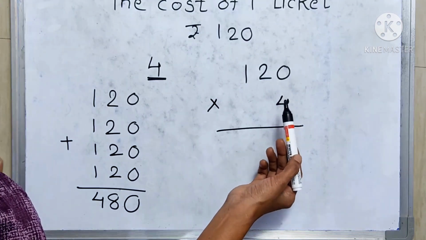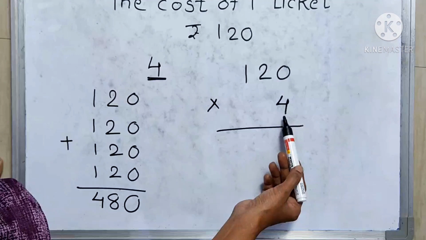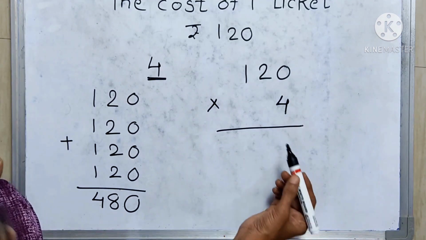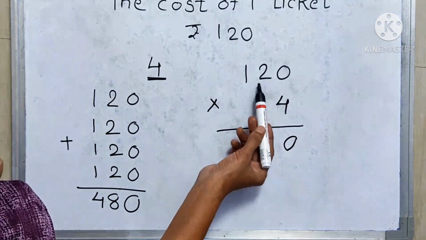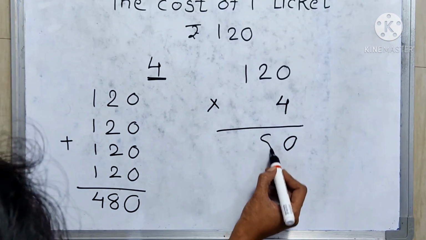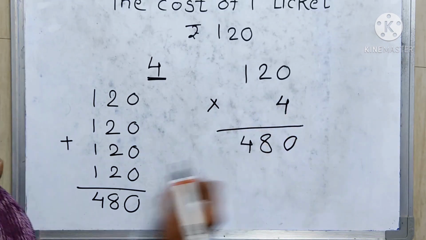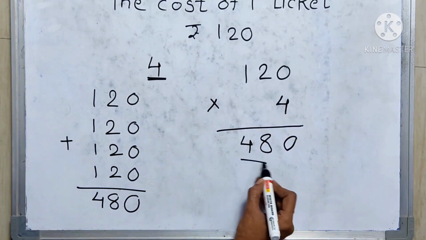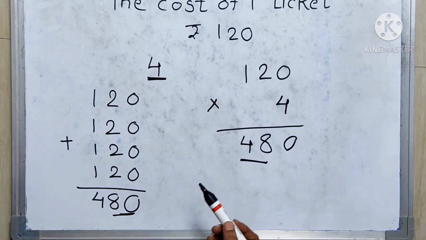Children, whenever we multiply any number with 0 or 0 with any number, the answer is always 0. 400. 4 2's are 8 and 4 1's are 4. Children, if you see here, in both ways the answer is same. So here you can use only one method which is easy for you.